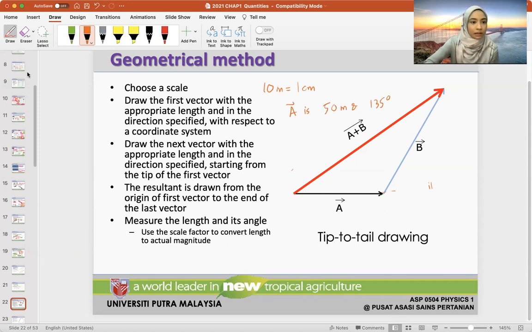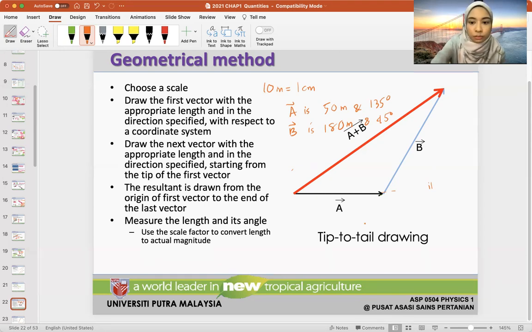Okay, so that is the angle. And then B vector kita maintain je lah. B vector kita buat is 200, besar sangat pula. 180 meter and 45 degrees.